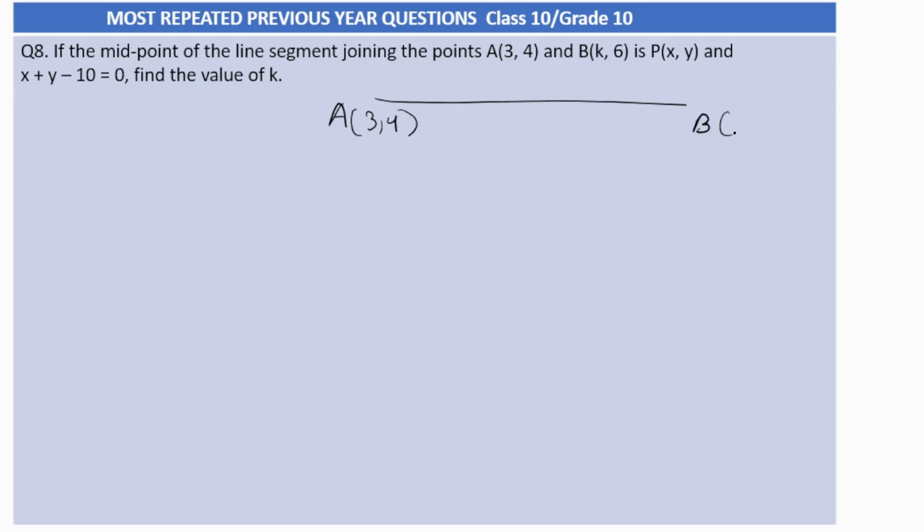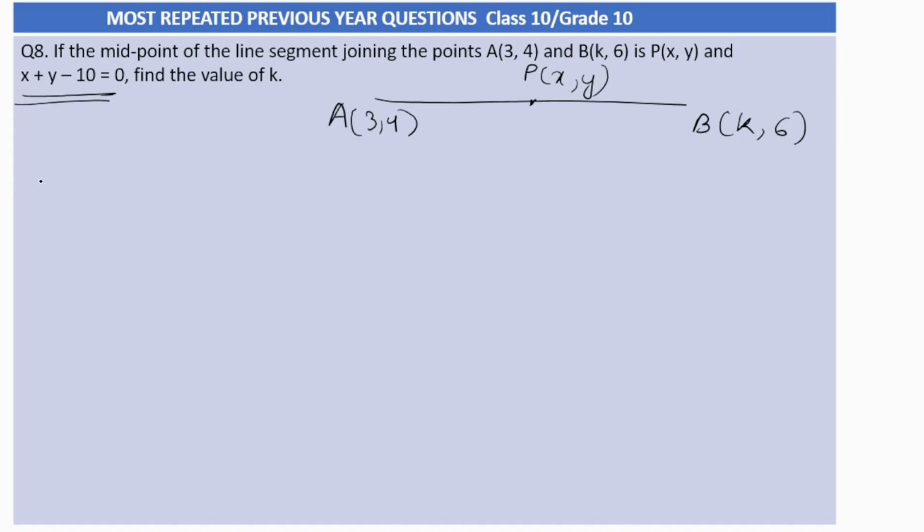So, B's value is (k, 6) and the midpoint is P(x, y). These are the coordinates for point P. Now, the equation has been given. Relationship between the x and y coordinate has been given in this equation. So, we will use that later. First, let's find the value of k.